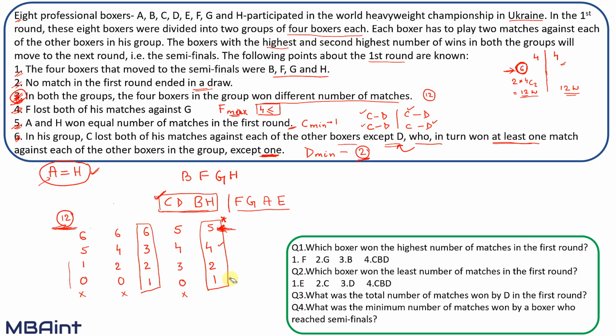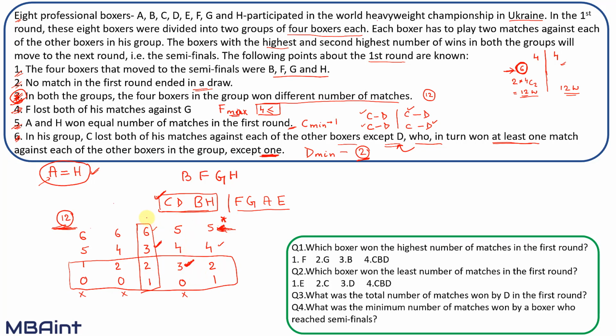And also if we look into this case, H can be either 6 or 3, right? And we see that A has to belong to either the 3rd or 4th position for the other group, barring this one, because this is considered for CDBH. In this case only 3 is there, and 3 is at the 4th position, right?